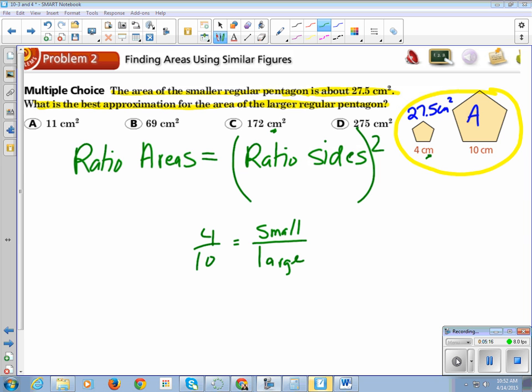So to find the ratio of the areas, I'm going to take 4 over 10. You guys okay with me simplifying this down? That's the same as 2/5. And I'm going to square it. So my ratio of the areas is 4 over 25.